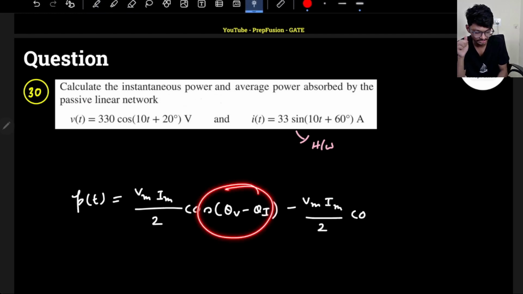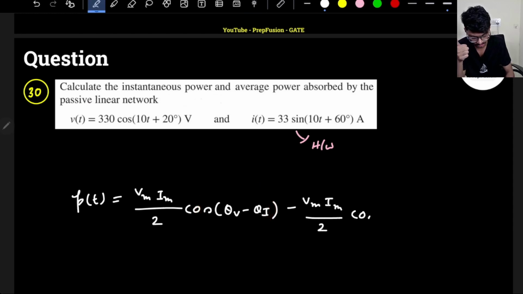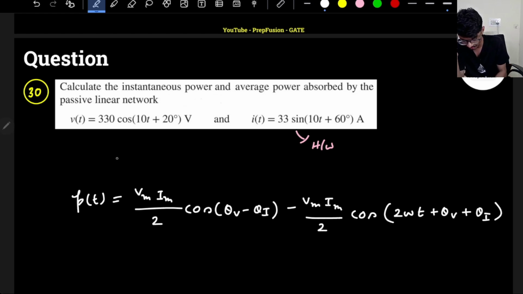This is the subtraction of the two angles, and inside this is the addition of the two angles, theta V plus theta I. Now you can obviously put in the values. What is my theta V? Theta V, with respect to the reference, is 20 degrees. What is my theta I? Theta I is equal to plus 60.